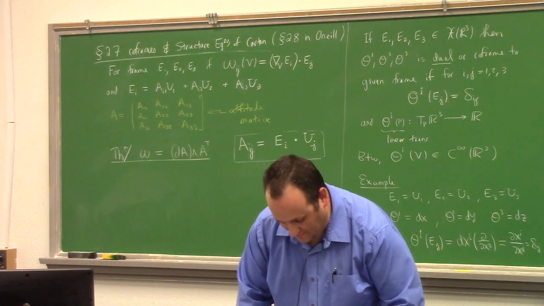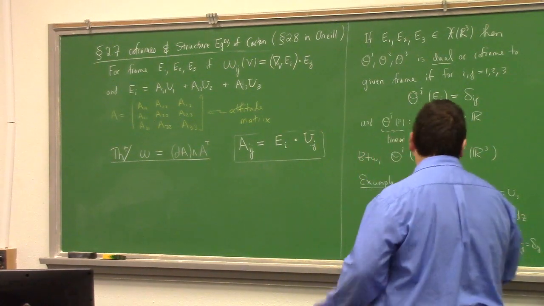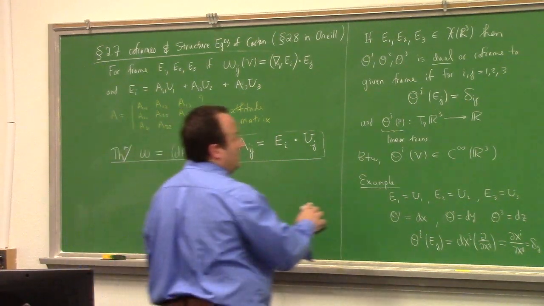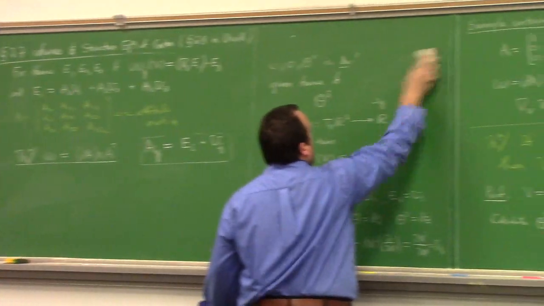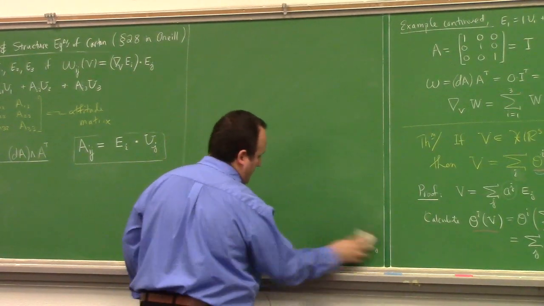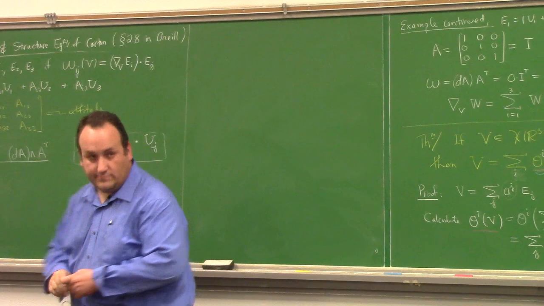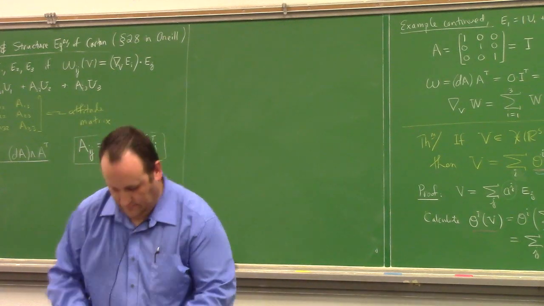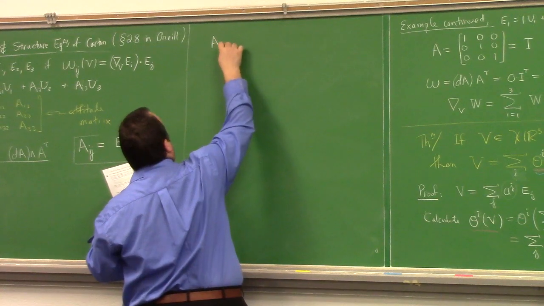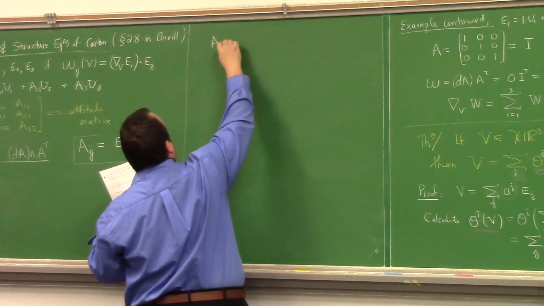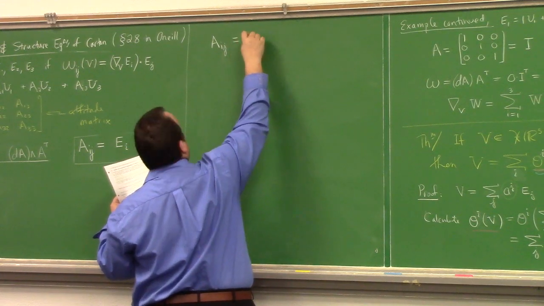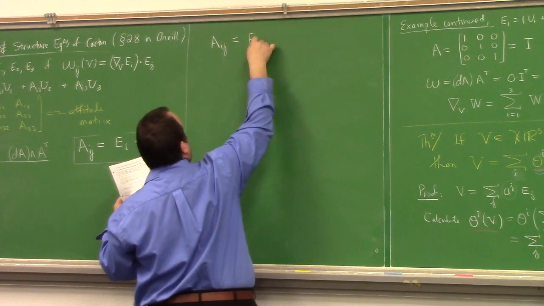Okay, so then what? So then I would point out the following. We have Aij equal to ei dot uj. Okay, great.